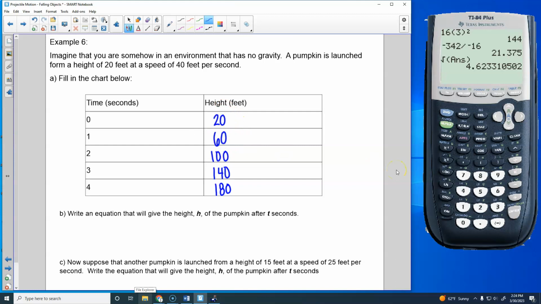We need to write an equation for this pumpkin. Okay, so it's going to be h of t again. And we need to write an equation that will give us these numbers if we start plugging in time. So, any guesses there?